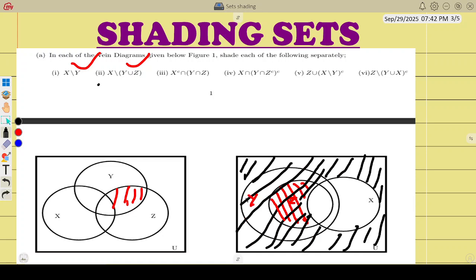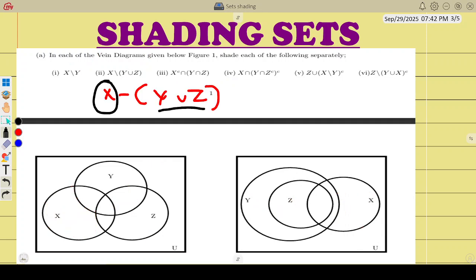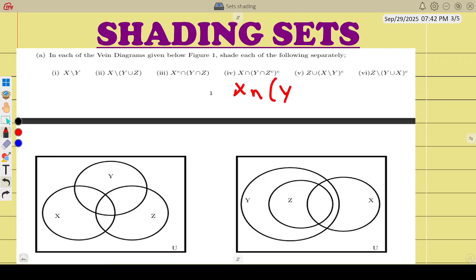I'm even getting tired. So let's go to the fourth one. This one, so the first thing here, you can just simplify. So you have two options, like you shade this or you simplify. So the first kind of simplification here is this.